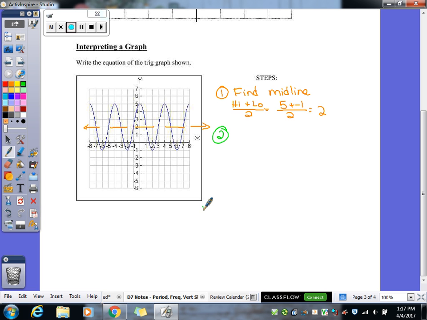So once we have our midline, next thing we want to find is our a value. So from the midline up to the highest part, that's your a value. How far apart is that? It's 1, 2, 3. So our a is 3.